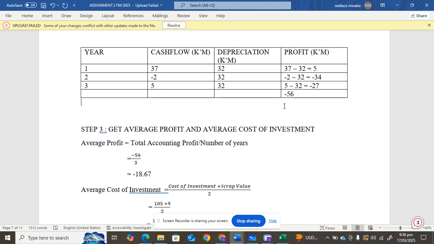It's a loss, but I'm just using the word accounting profit because those are the terms usually used. But here, we're in a loss. If it's negative, just know that even though it's being called profit, a negative figure means you're in a loss.